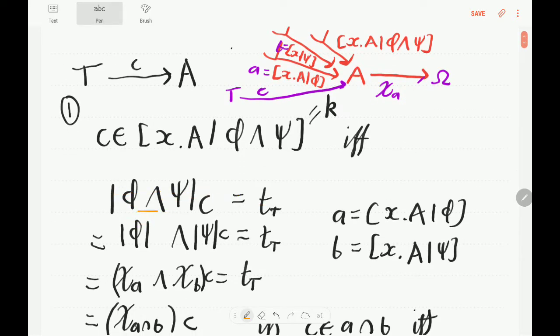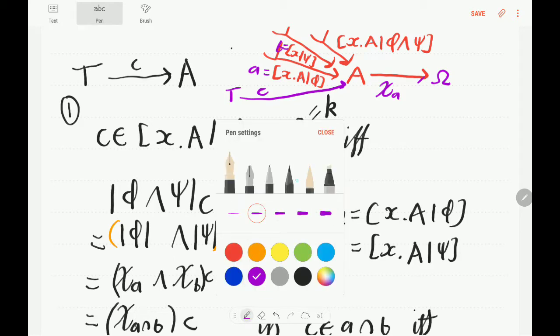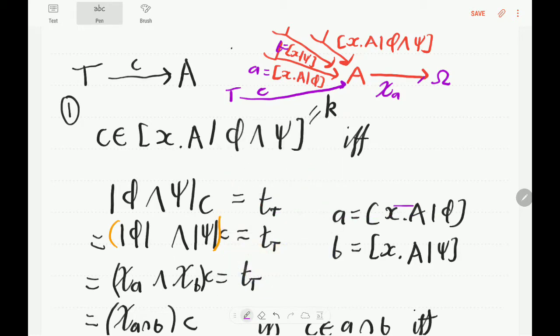Well, it's interpretation of phi and interpretation of psi after C. Now, if we call A the extension of phi over x, and we call B the extension of psi over x, then the interpretation of phi we can just call chi of A, and the interpretation of psi we can just call chi of B. So this says that chi of A and chi of B of C is true.